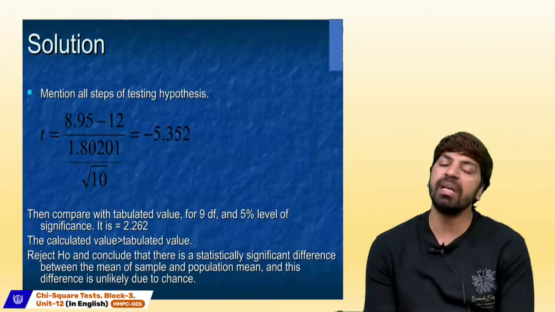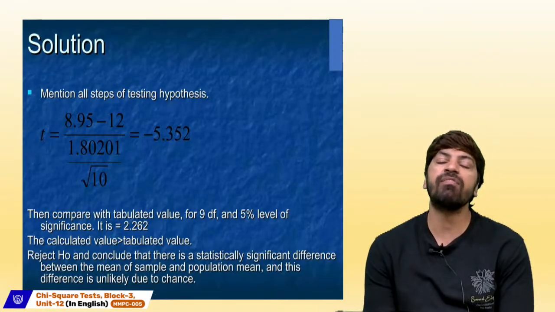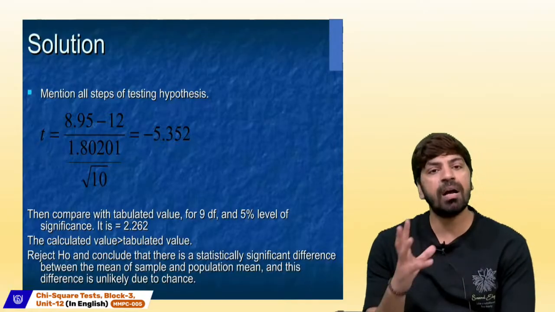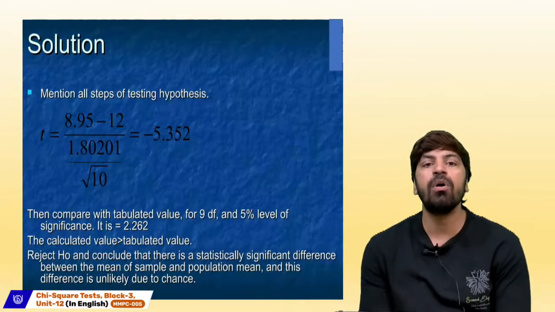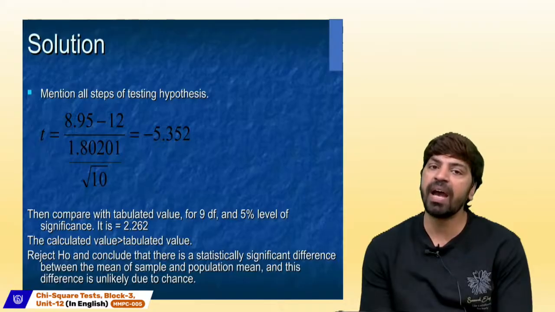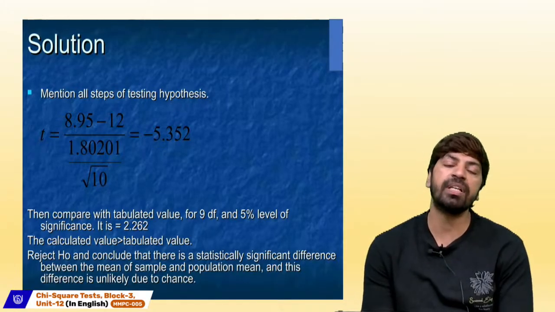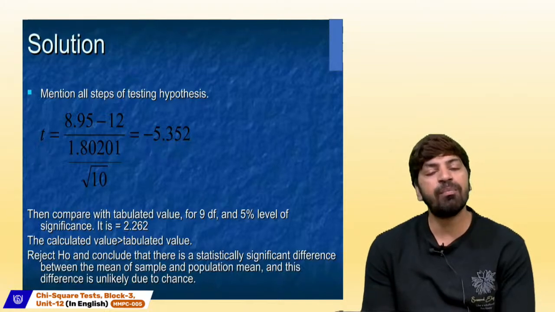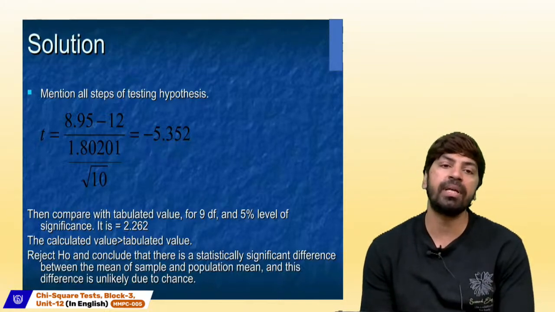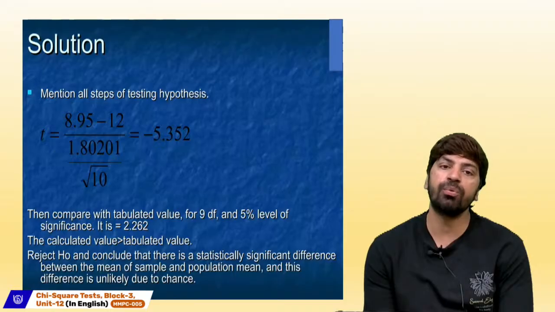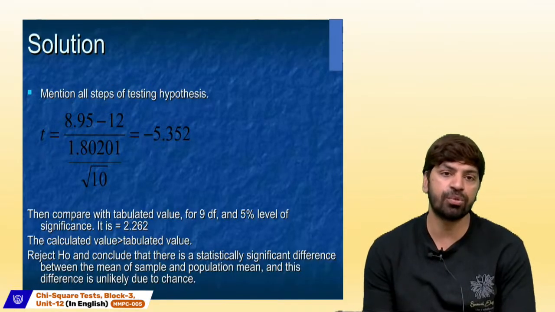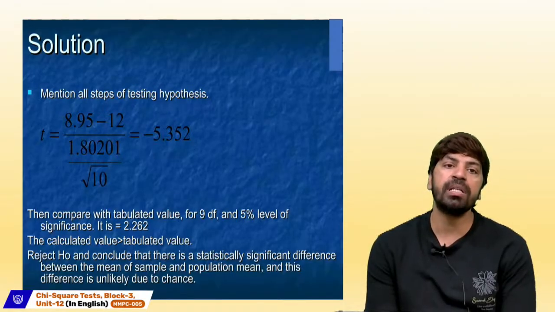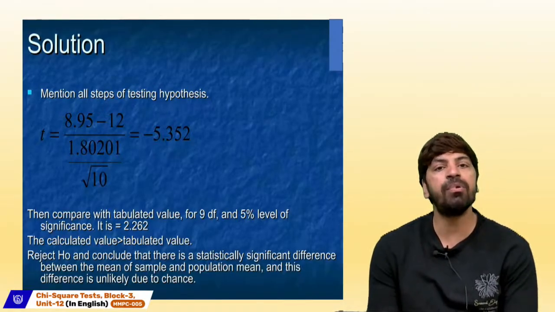Hence it is tested at a 5% level of significance, and when we look up the table value at 5% with degrees of freedom 9, we can easily see the tabulated t value, which is equal to 2.262, and hence the calculated value is more than the tabulated value.